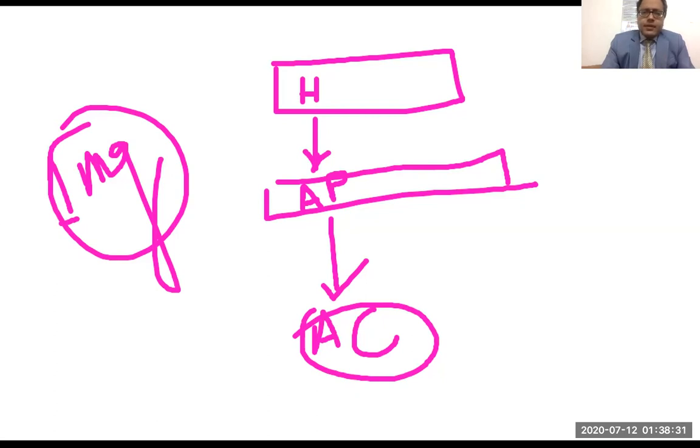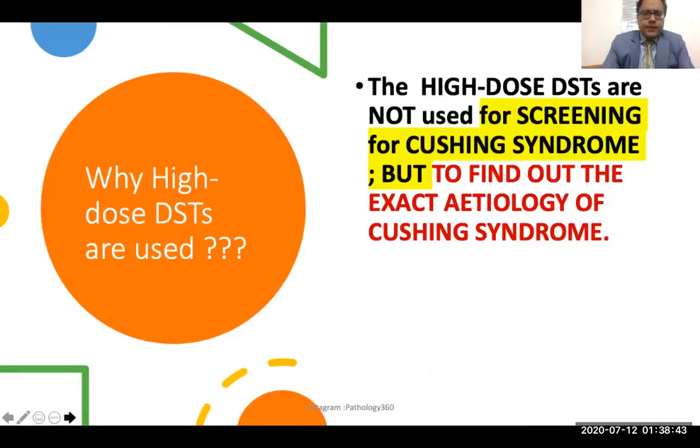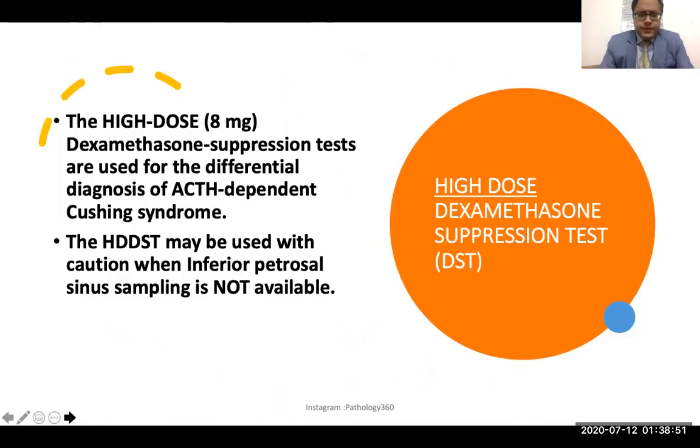Now I think we can go back to the PowerPoint which we were discussing. To summarize the key concept: this is the low dose dexamethasone suppression test we mentioned, and the high dose one is not used for screening for Cushing syndrome, but to find out the exact etiology of the Cushing syndrome.